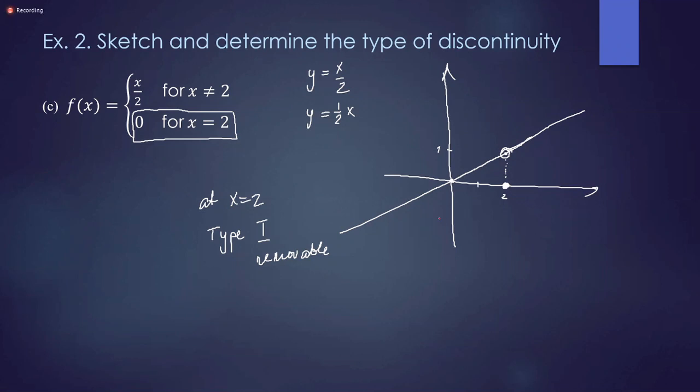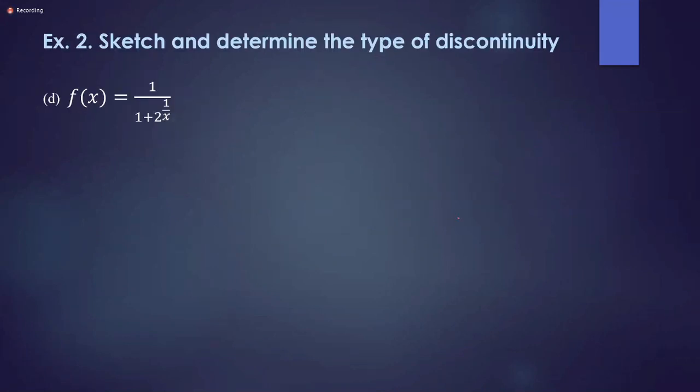Another one. All right, this is 1. f of x is 1 divided by 1 plus 2 to the power 1 over x. If you write by hand, it's more understandable like this. So we see what is dangerous. First of all, 2 to any power is positive, which means the whole denominator is never equal to 0.